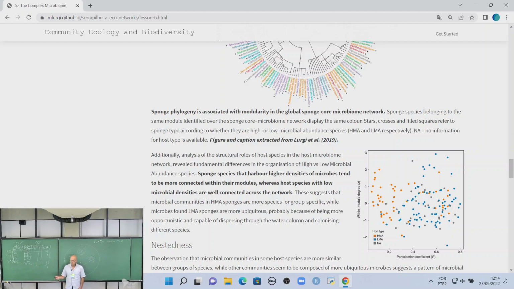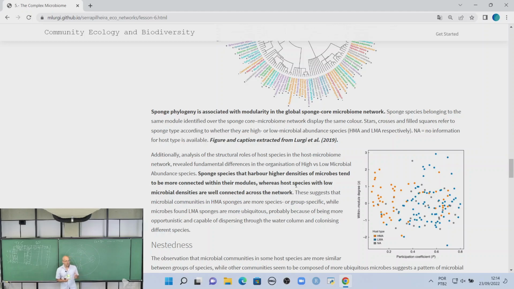So, just to give you a little bit of background on marine sponges. Marine sponges, depending on the abundance or the density of bacteria when you look at samples in the microscope, can usually be classified in two types: high microbial abundance and low microbial abundance.